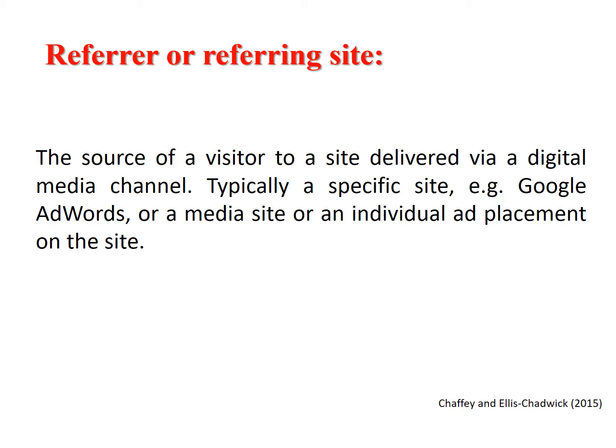If we take Google AdWords, this is pay per click. So you would set up a business account, put in your credit card details, and have a certain amount to spend, maybe per month.